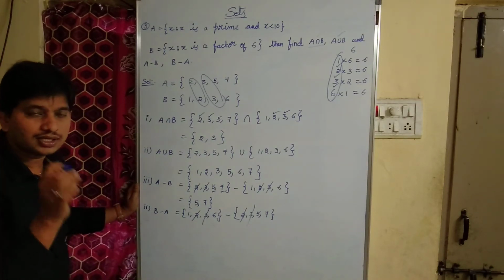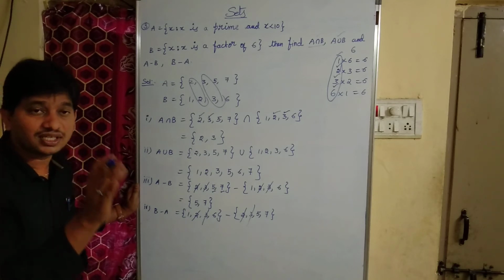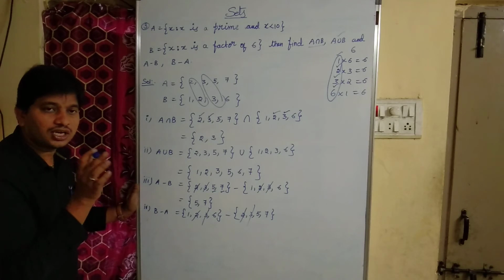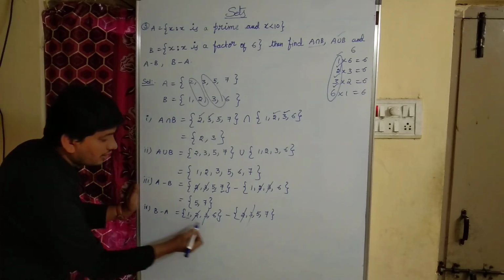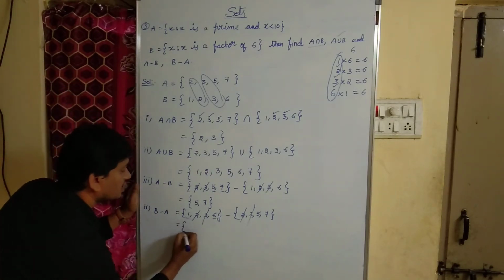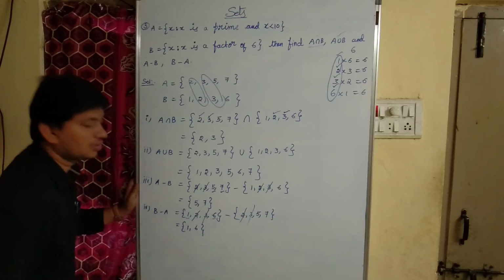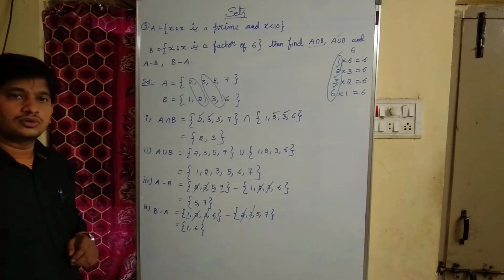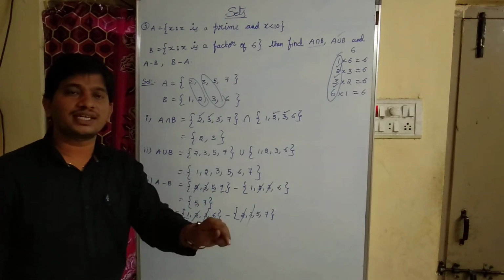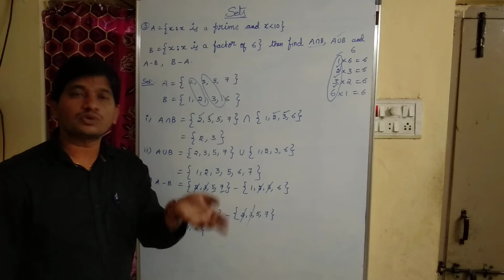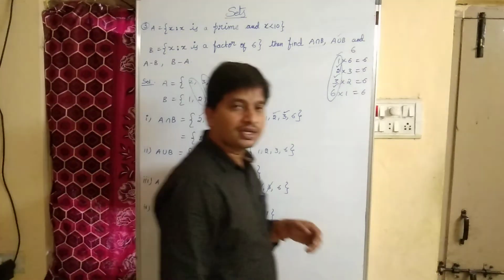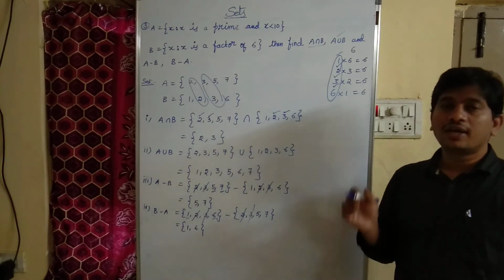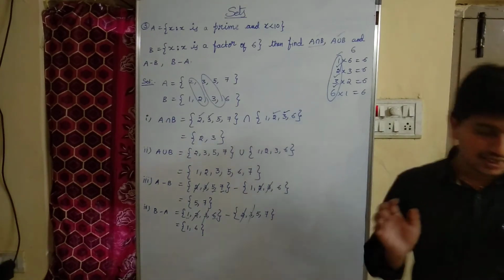B minus A means only elements which are there in set B but not in set A. Elements which are only in set B are 1 and 6. So B minus A is only 1, 6, children. So we should not mention here elements 5 and 7. Okay, A minus B means only elements in set A. B minus A means only elements which are present in set B. So that is our A union B, A intersection B, A minus B and B minus A.